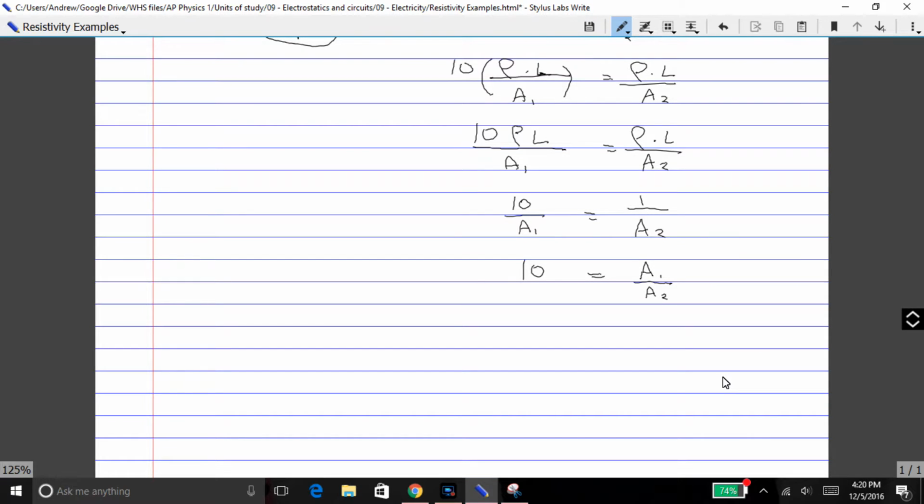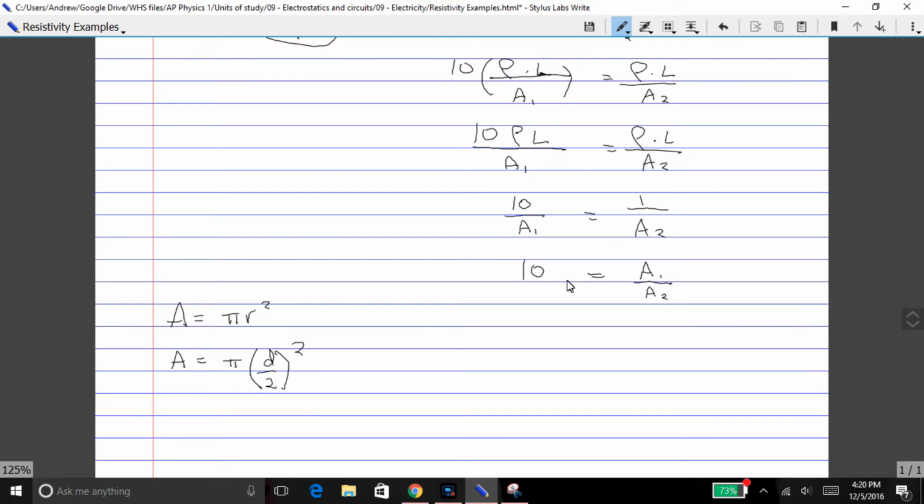But how does that translate to diameter? Well, we know that area is equal to pi r squared, or I can write area equals pi times diameter over 2, squared. You might already guess here that basically we're going to end up square rooting this 10 here, so it's not a factor of 10 for the diameters, but a factor of square root 10.